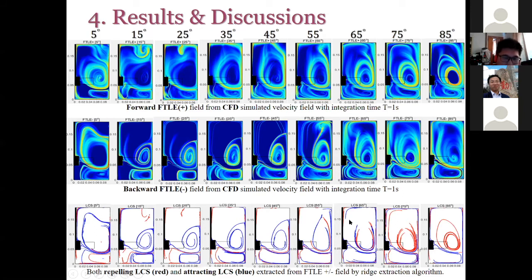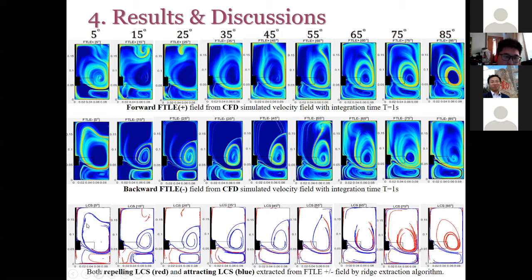And another finding is that at all positions, we found here, just below the impeller, is a boundary. This boundary partitions the flow into 2 different regions.